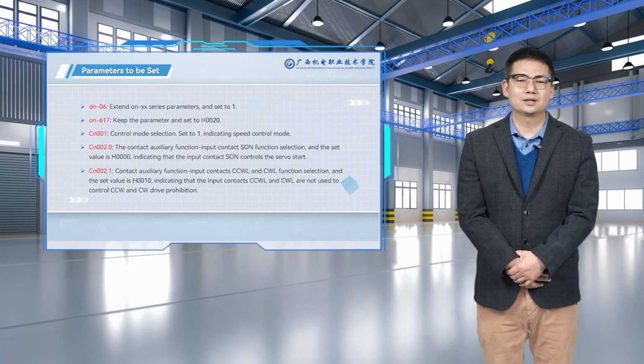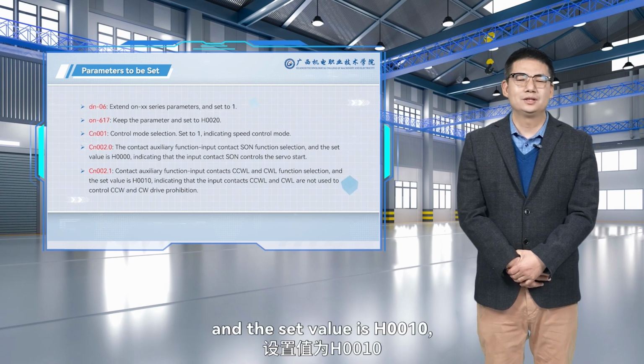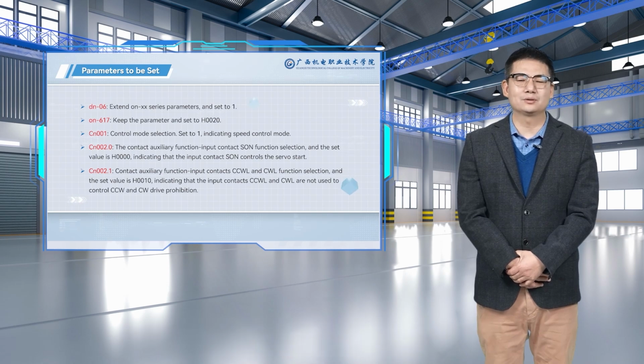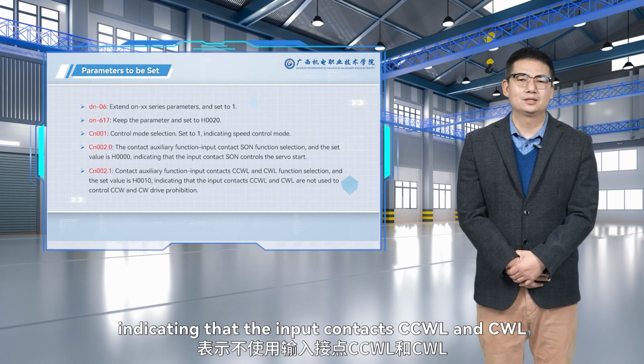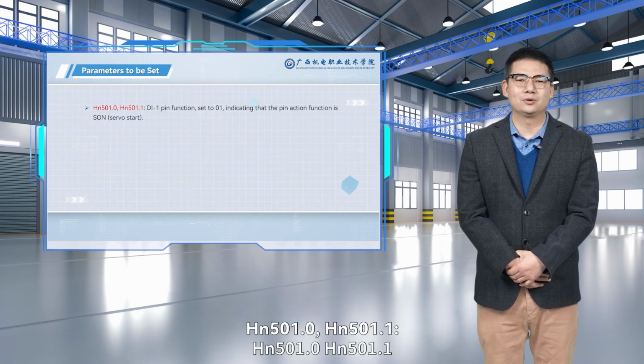CN002.1. Contact auxiliary function input contacts CCWL and CWL function selection, and the set value is H0010, indicating that the input contacts CCWL and CWL are not used to control CCW and CW drive prohibition. HN501.0, HN501.1.